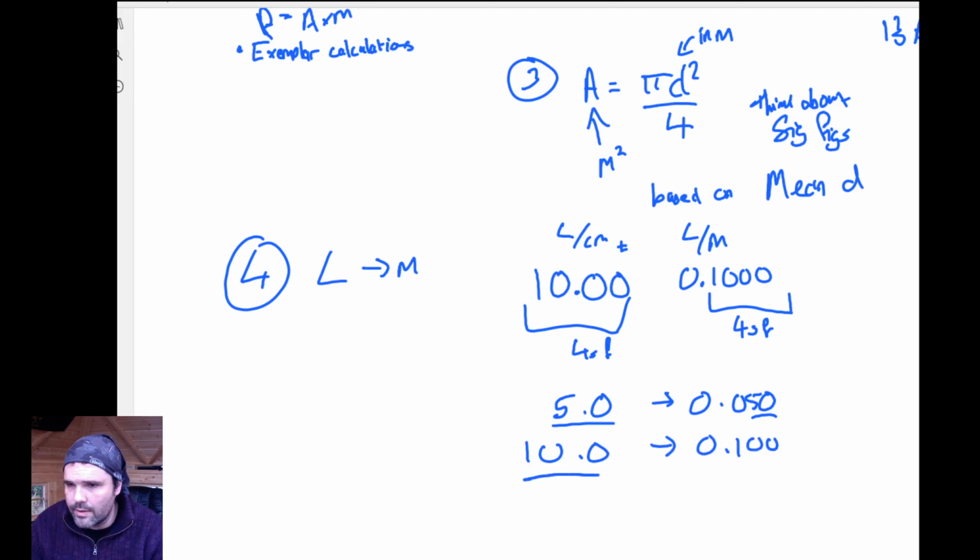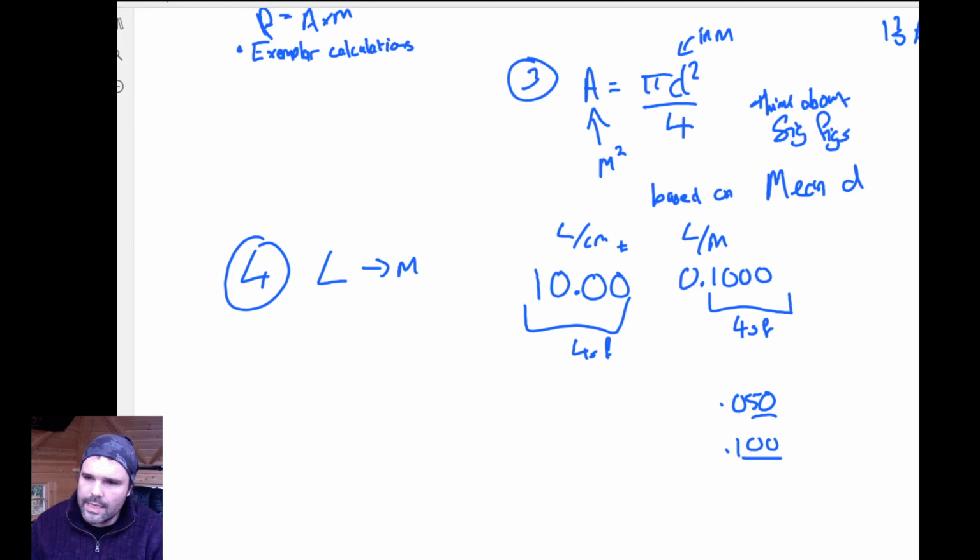That's 3 sig figs as well. So it can change going down a table if your raw data changed. It doesn't have to be consistent in a column. Each value depends on the value used to make it. And the same goes for your calculations of resistances as well. It might change significant figures from one to the next if the sig figs of your voltage or your current changed as you were going down.